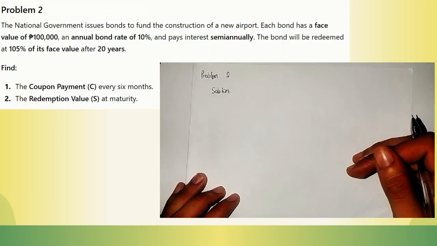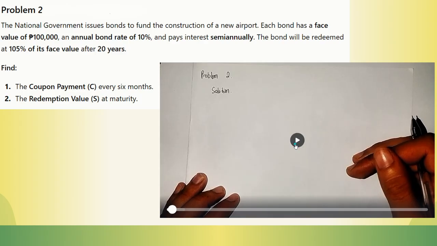We are asked to find the coupon. Now, I have here a problem number 2. The national government issues bond to fund the construction of a new airport. Each bond has a face value of 100,000, an annual bond rate of 10%, and pays interest semi-annually.